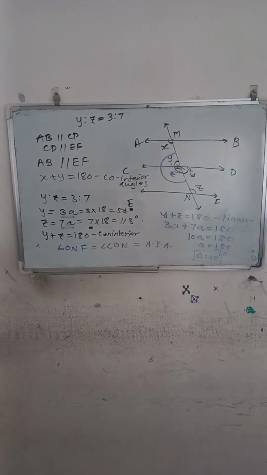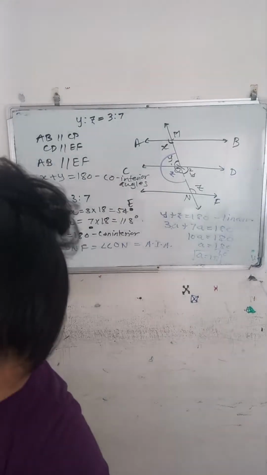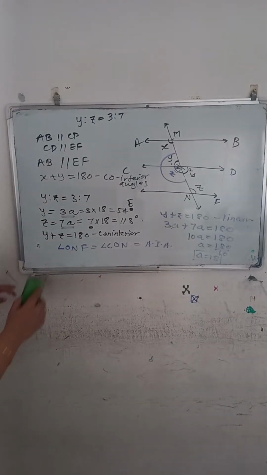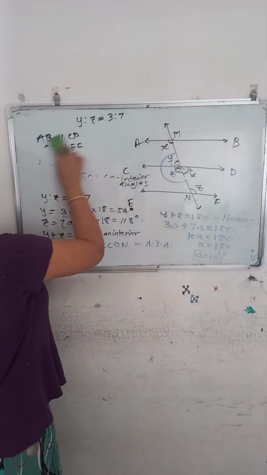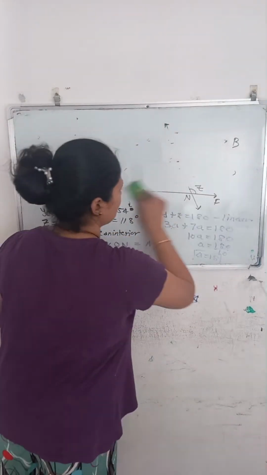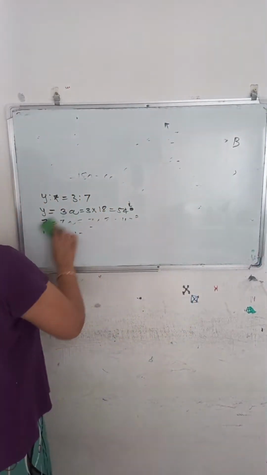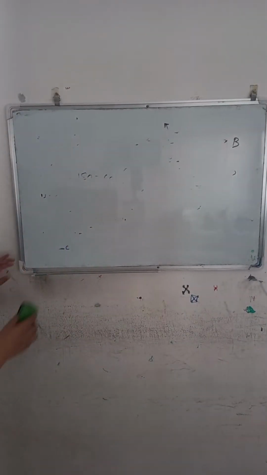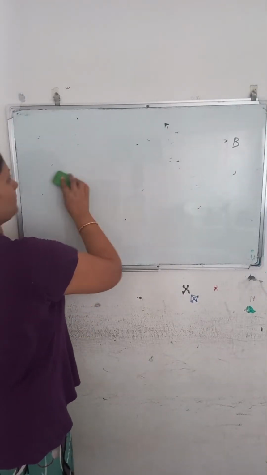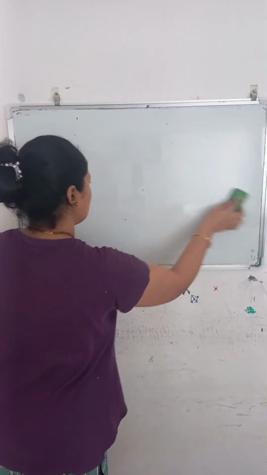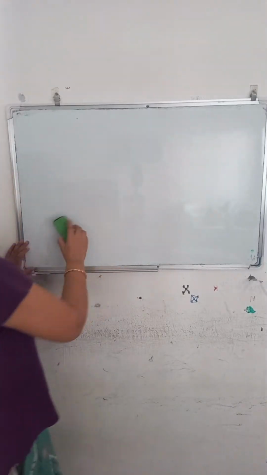Here they are saying in the given figure, if AB is parallel to CD, I hope everyone has copied. AB is parallel to CD and EF is perpendicular to CD.